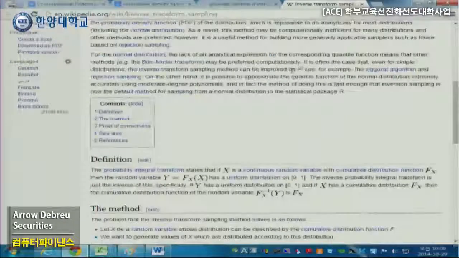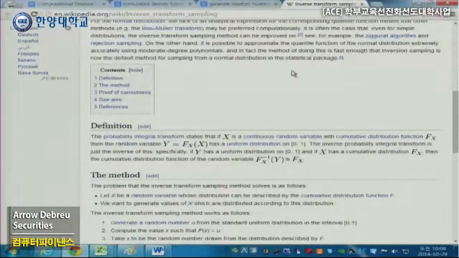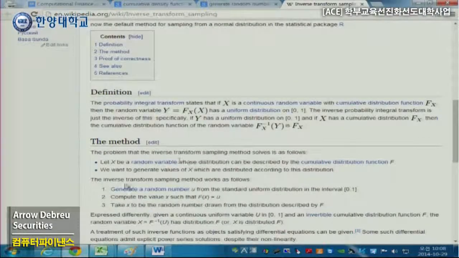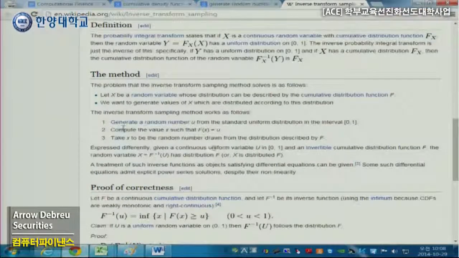The method is: first I generate a random number U from the standard uniform distribution between 0 and 1, and compute the value of x such that F(x) equals U, which I can do by taking the inverse function, and take x to be the random number drawn from the distribution described by F. So as long as we know the inverse function of the cumulative density function, we can generate random numbers from that distribution, which is called inverse transform sampling.